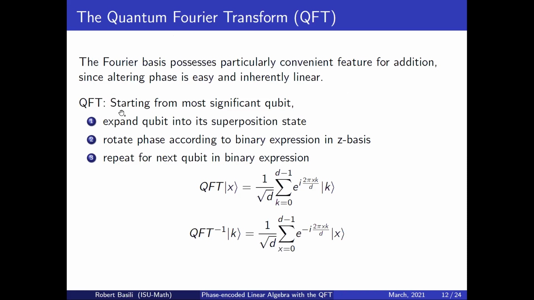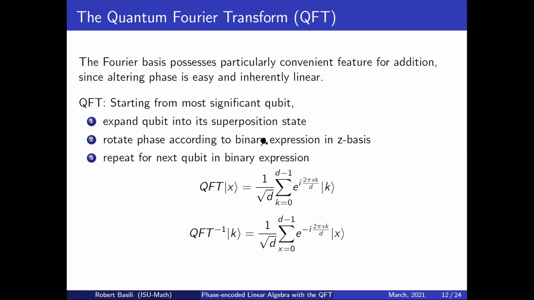So how we apply the QFT: you start from your most significant qubit, that is the qubit that represents the largest factor in 2's complement, the largest factor of 2. You expand that qubit into a superposition state with a Hadamard gate. You rotate it with a phase gate, sometimes called a P gate or a C rotation gate. Those are various names.